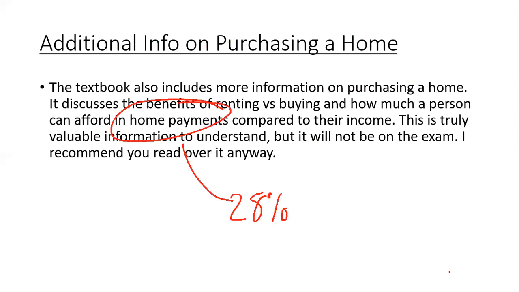There are very good reasons to buy a home, but there are some good reasons to rent and some downsides to buying. So if you have not fully considered what you might do in the future, I would highly recommend that you read over the rest of that information.